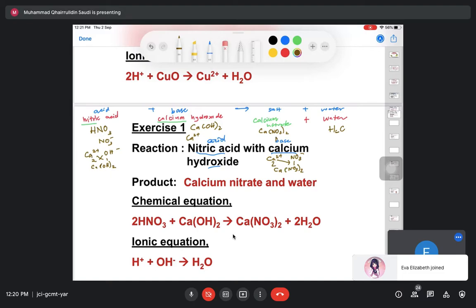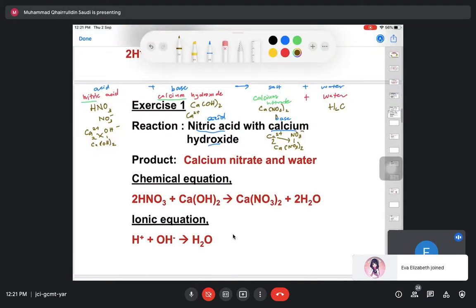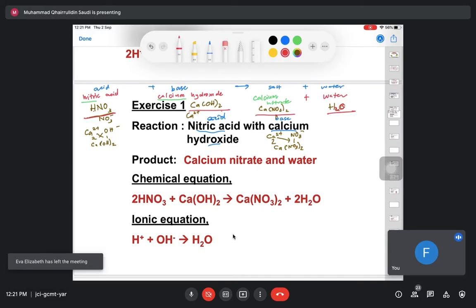After this. Alright, so next one, okay, bila dah tulis dia punya formula, we also have to balance the formula. So this one tadi kita tukar colour tak nampak nanti. Right, H ada 1, NO3 ada 1, Ca ada 1, OH ada 2. This one Ca ada 1, NO3 ada 2. Sini H ada 2, O ada 1. So how can we balance? So 2 NO3, so kita letak 2 di depan.